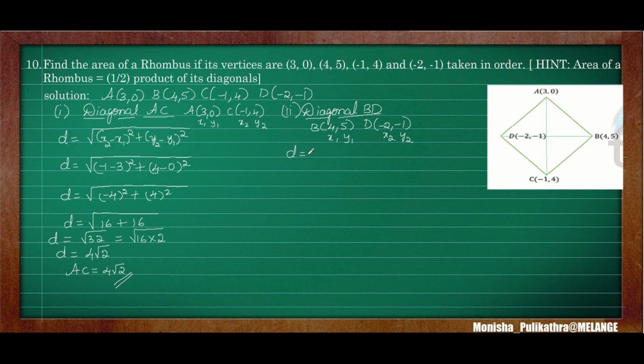So again apply the distance formula. D is equal to square root of x2 minus x1 whole square plus y2 minus y1 whole square. So D is equal to x2 is -2 minus x1 is 4, plus y2 is -1 and y1 is 5.